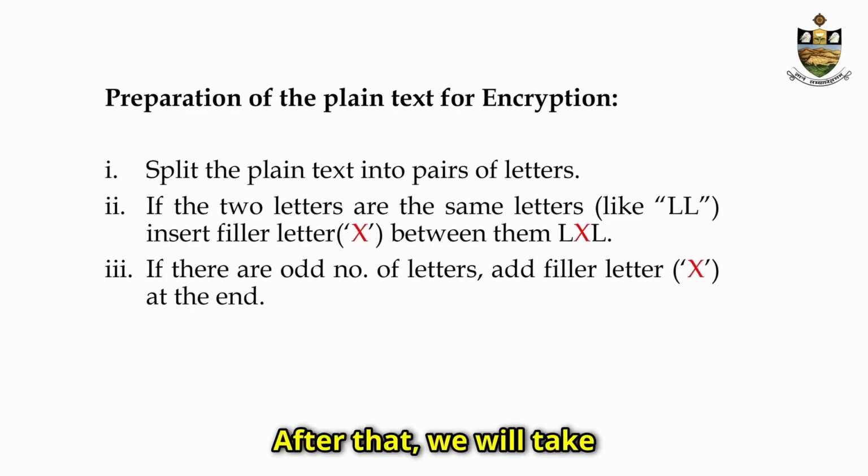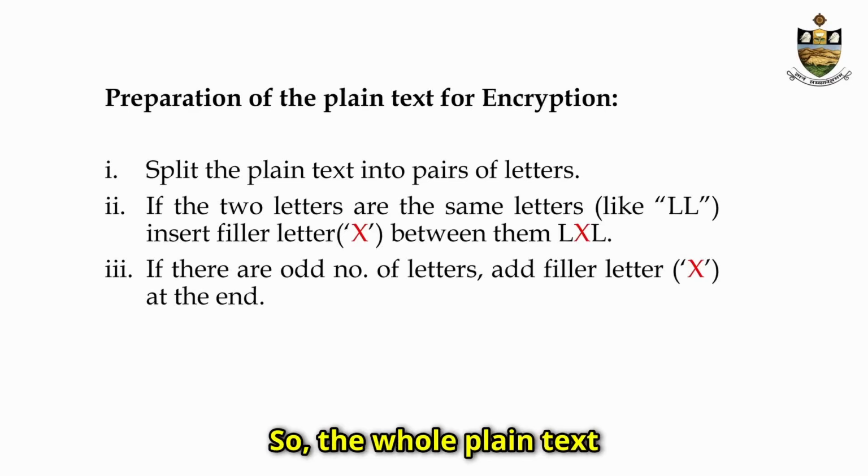After that, we will take the text to be encrypted using Playfair cipher. The preparation required to make the plain text ready for encryption is, as we already discussed, that Playfair cipher deals with encryption or decryption of 2 letters at a time.